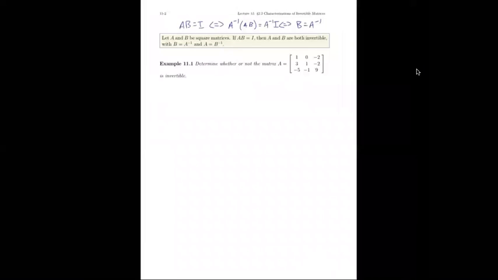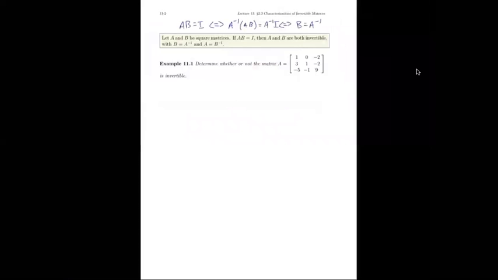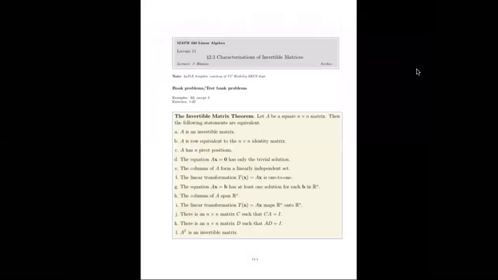So now let's use it in a much more practical setting. We're given a matrix, this 3 by 3 matrix A, and we're asked to determine whether or not it's invertible. So rather than going about trying to invert the matrix, we could take maybe the fastest path possible towards that. If we look back at our equivalences, what sorts of things can we do to A in order to figure out whether or not it's invertible? Well, being invertible means it's row equivalent to the n by n identity matrix.